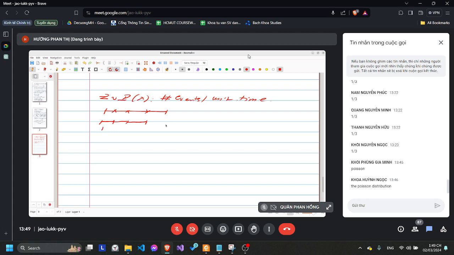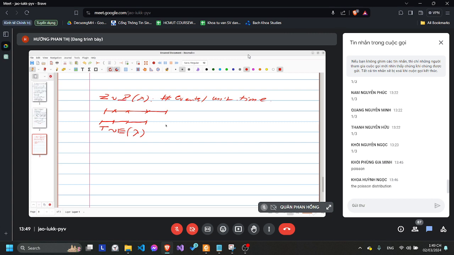Then the interval time between two successive COVID-19 cases will be the exponential distribution. And the parameter lambda in the exponential distribution is exactly the same as the parameter lambda in the Poisson distribution.